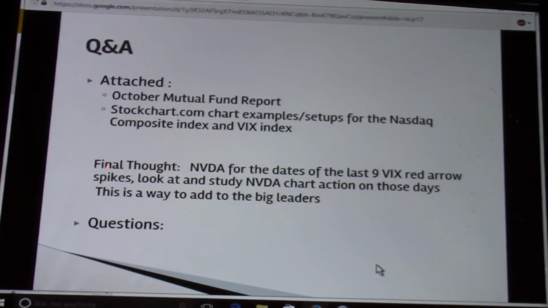And just again, if you didn't catch my commentary a minute ago, final thought. When you have a big leader, NVIDIA is winning in 5 phases of innovation right now. If you look, not 1, not 2, not 3, there are 5. Go look at all the articles on IBD's website.